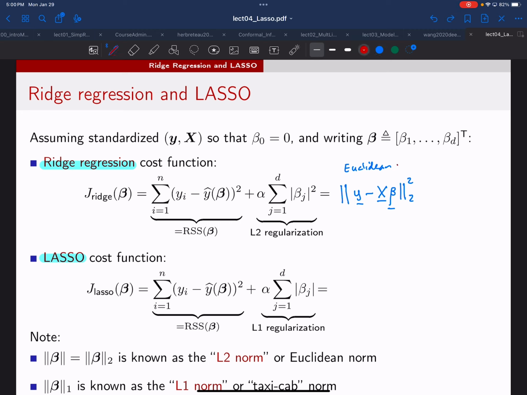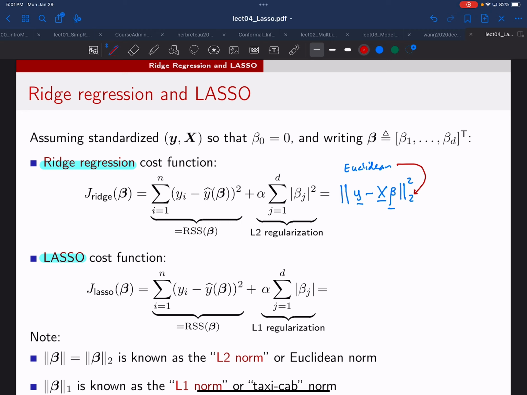Sometimes people write a subscript 2 to denote the Euclidean norm. We have not done that until now, but you'll see it sometimes. It's optional. When the Euclidean norm is the usual norm, you don't need to write the 2 there. Everyone sort of knows, but if you want to be extra careful to make sure people understand what you mean, you can put the 2 there. Okay, so that's how we can write this.